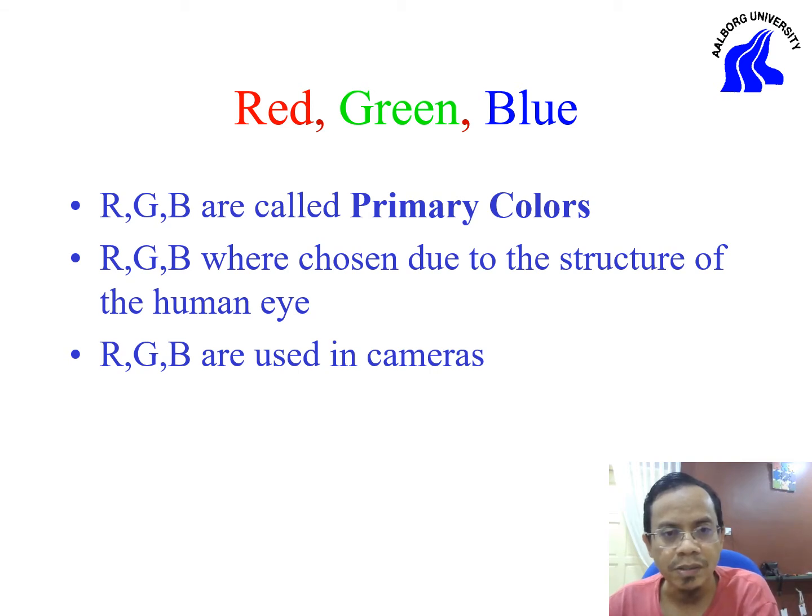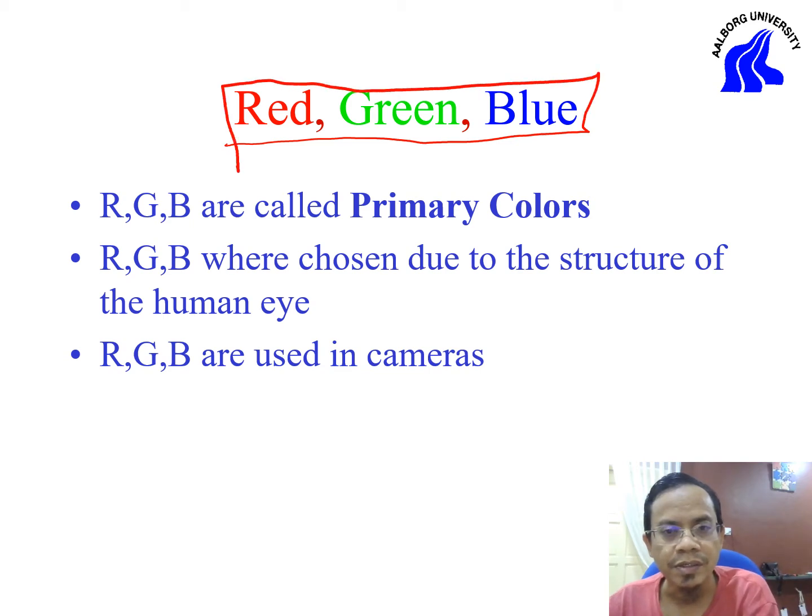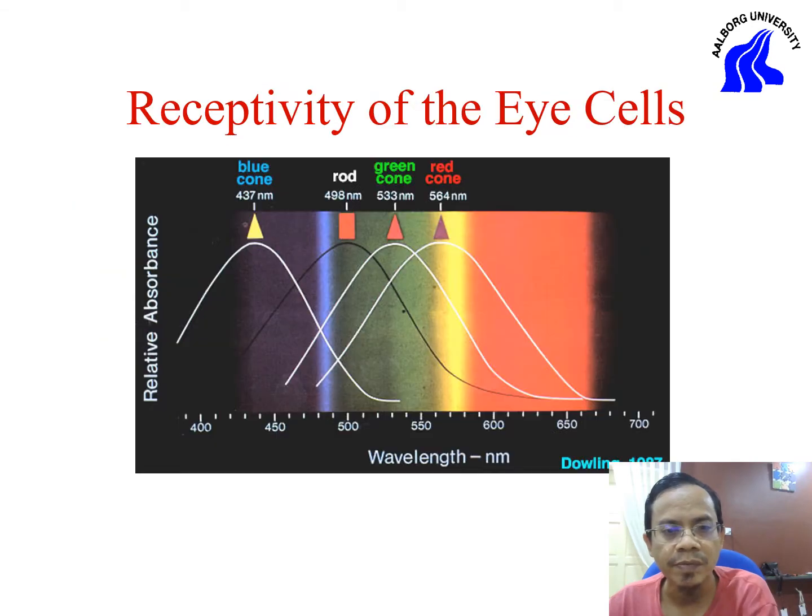This is the common color space of images: red, green, and blue. We call them primary colors. RGB were chosen due to the structure of the human eye. So RGB are used in cameras.